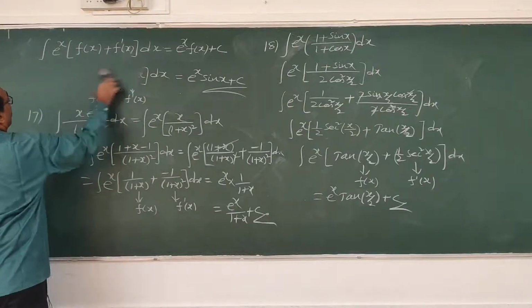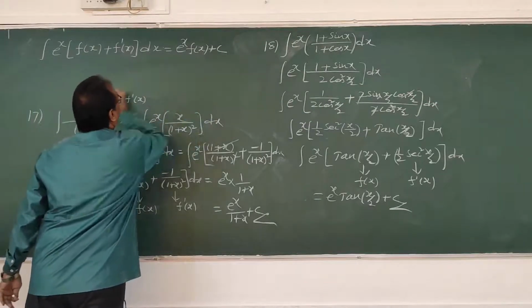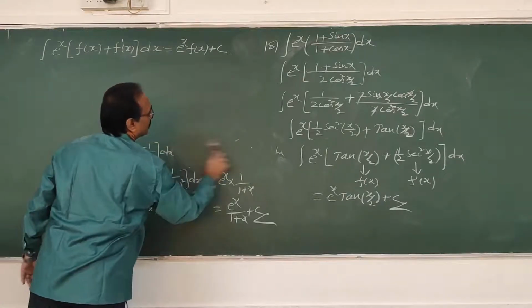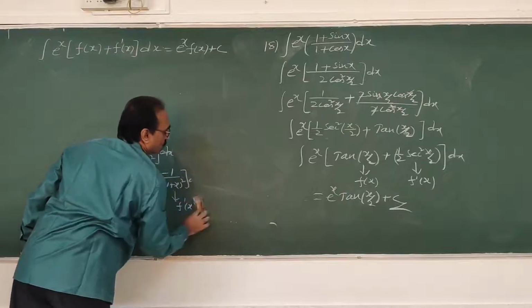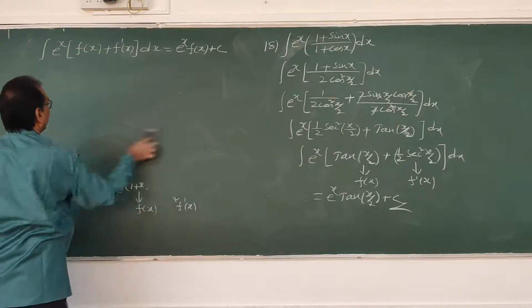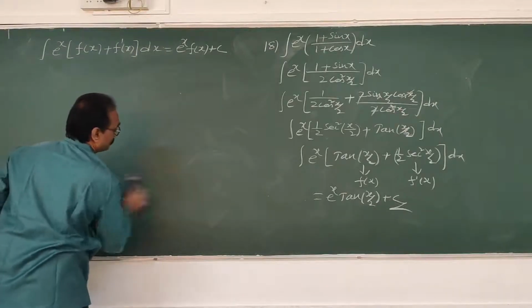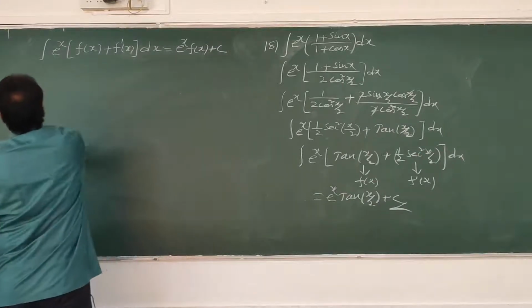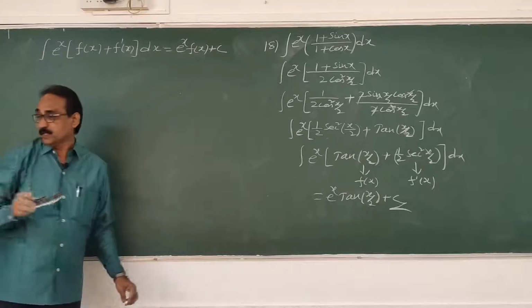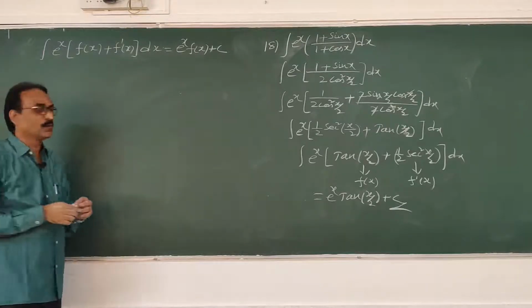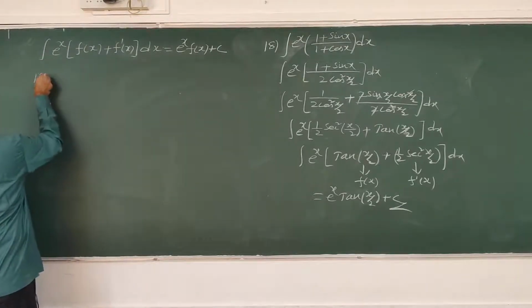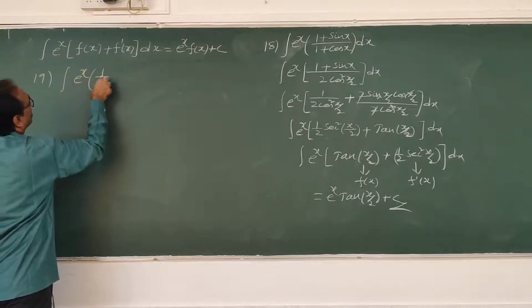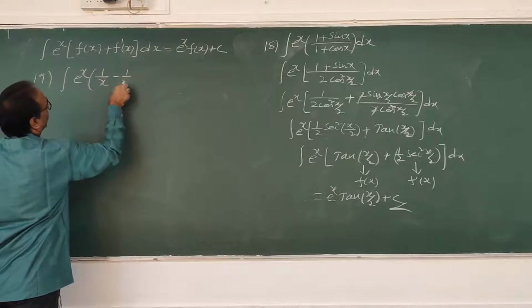This formula I am not rubbing out because we need it. So now problem number 19, all are the same type of problems only. Let us see what problem number 19 is. The integral of e^x into (1/x minus 1/x²) dx.